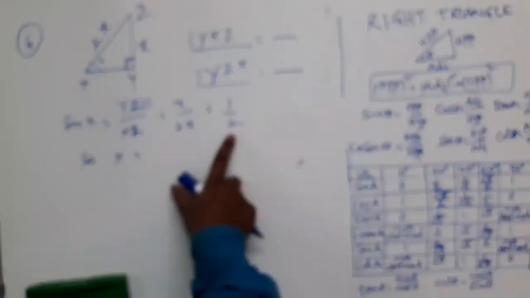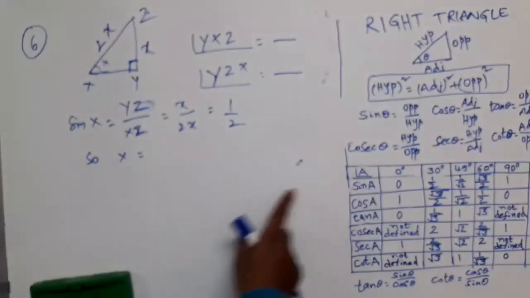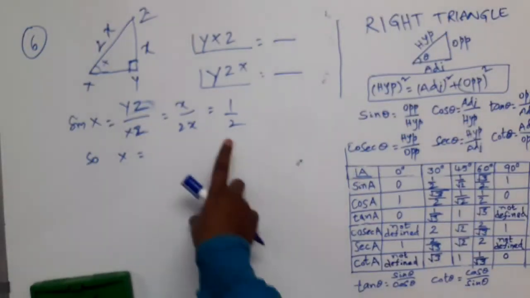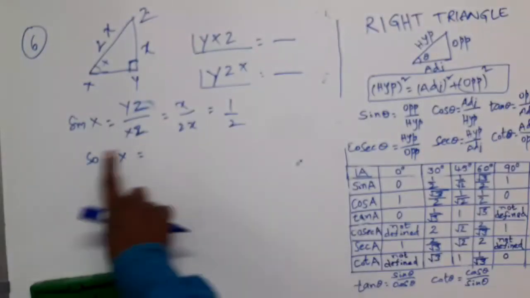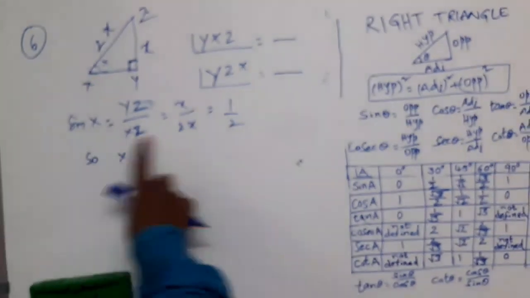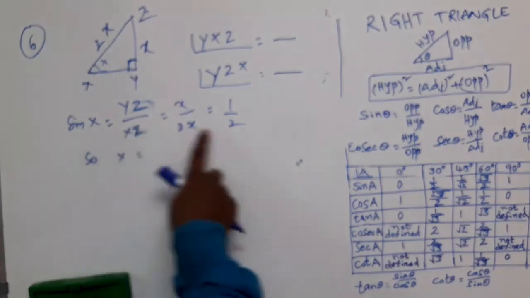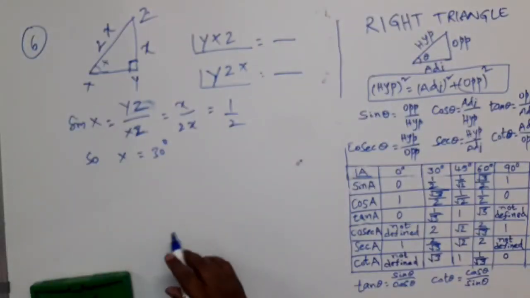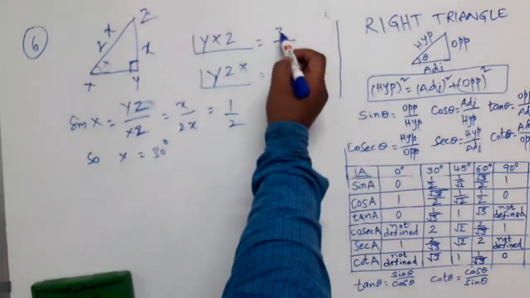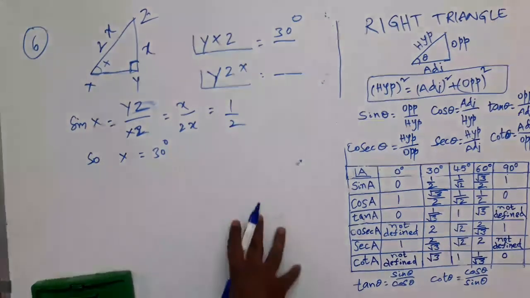From the table, which angle in the place of X will give the sine as 1 by 2? Sine is 1 by 2 for 30 degrees, right? Sine 30 degrees is 1 by 2. Sine X is 1 by 2. So X is 30 degrees. So angle YXZ is 30 degrees.